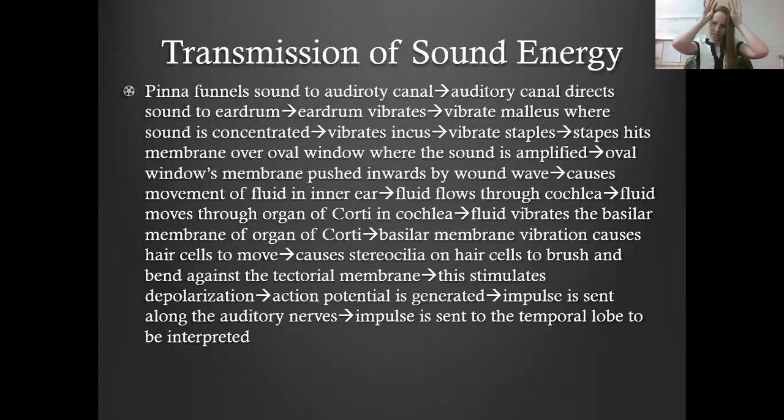Their stereocilia bend against the tectorial membrane, which stimulates the hair cells to depolarize. Your action potential is generated, your impulse is sent. The impulse is going to get sent along the auditory nerves, which then carry that impulse to the temporal lobe of the brain.